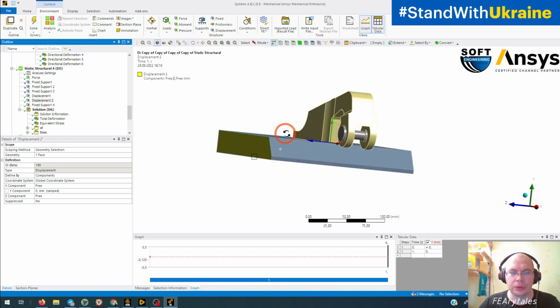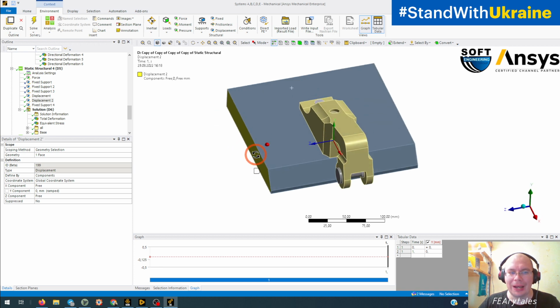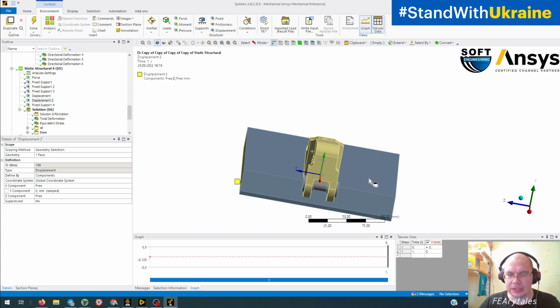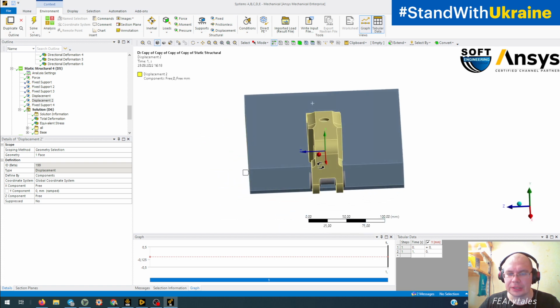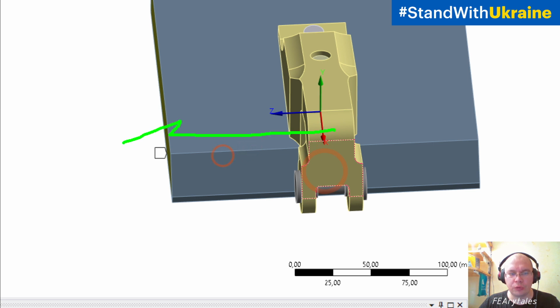We do the same here, y direction fixed and x and z free, but we can't solve this task in this manner because our geometry can move here and here as a rigid body.